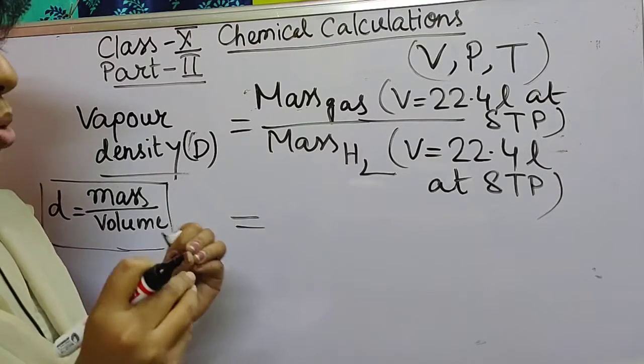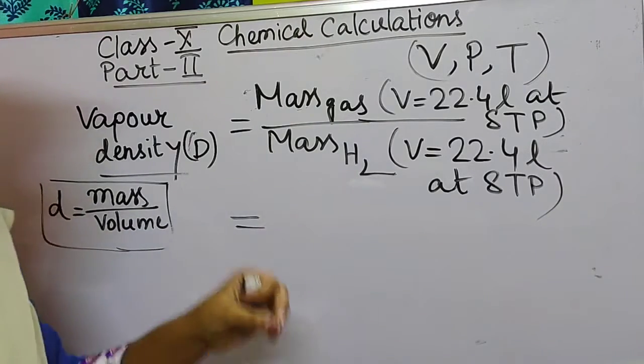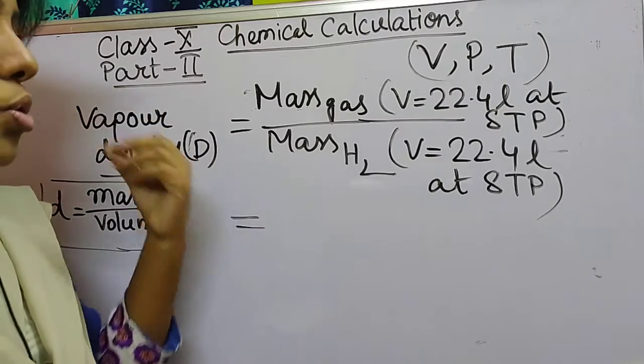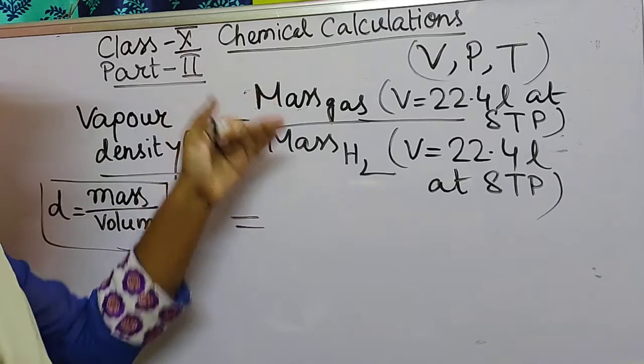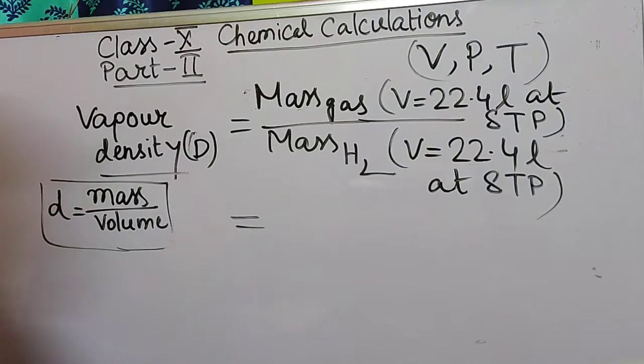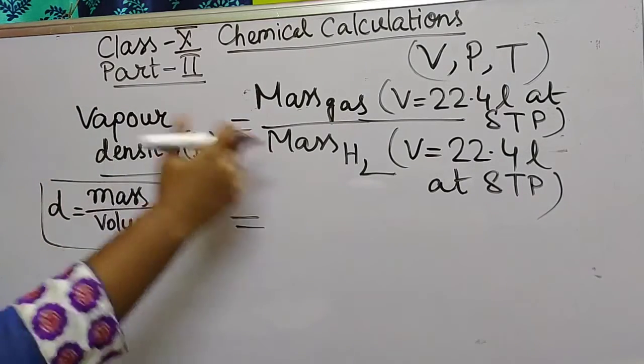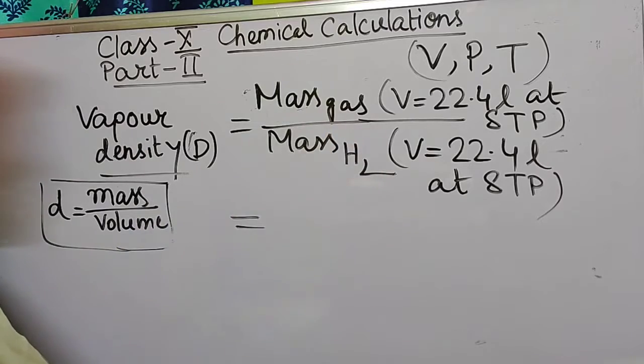I will obviously do something different in your PDF notes and in your video, so that you can make some notes from here also. Whatever I am writing, if it is different from your notes, you have to copy it.